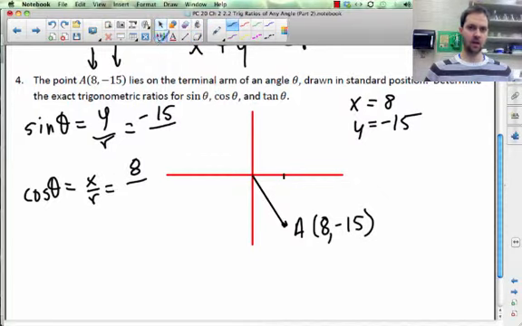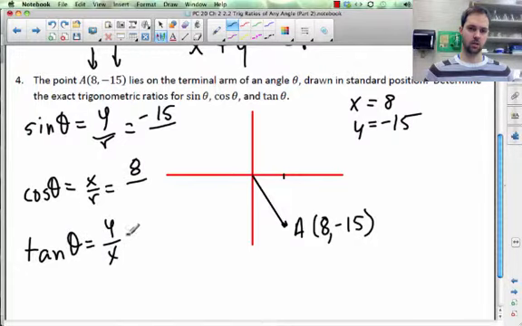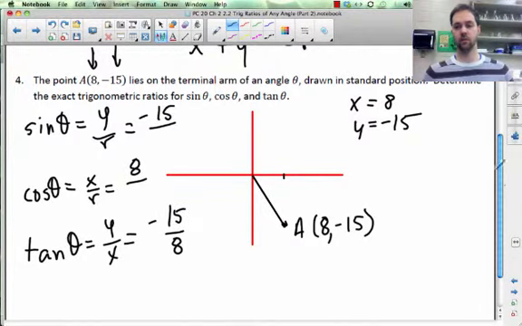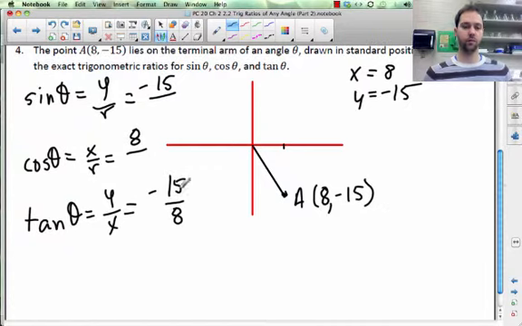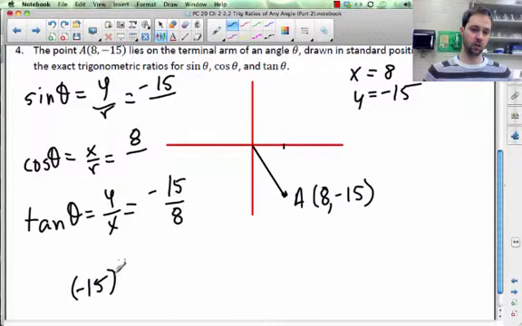And tan theta is equal to y over x, which is negative 15 over 8, and we do have both of those. So even if we were just given the tan theta value, we would know the values of y and x, and we could easily find r using our relationship, which is Pythagorean theorem.